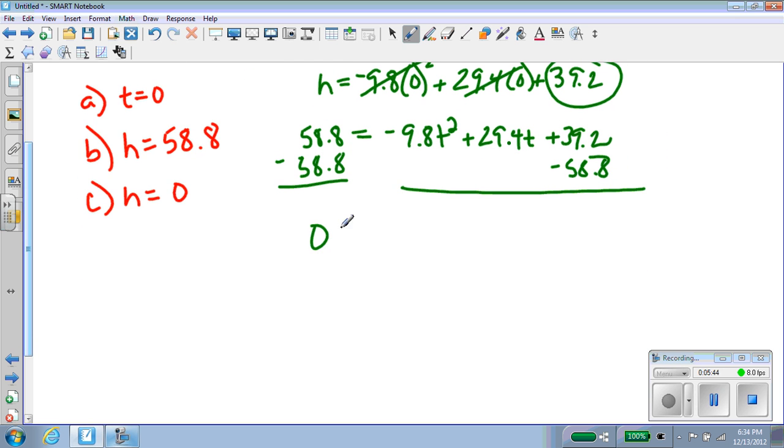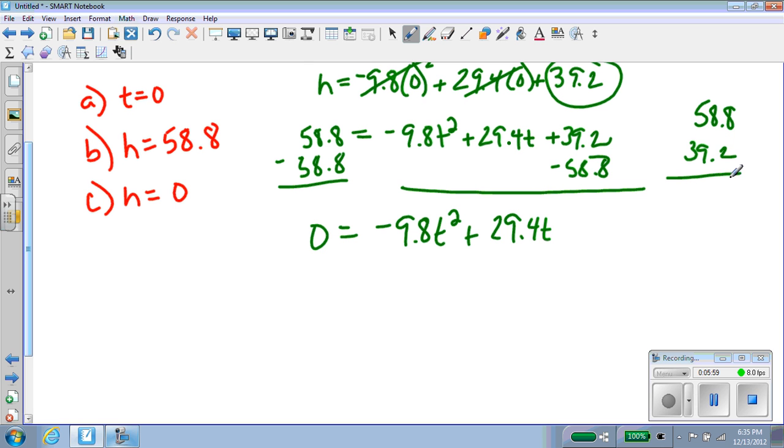So 0 equals negative 9.8 t squared plus 29.4t minus 19.6. Wow, that seems pretty complicated.